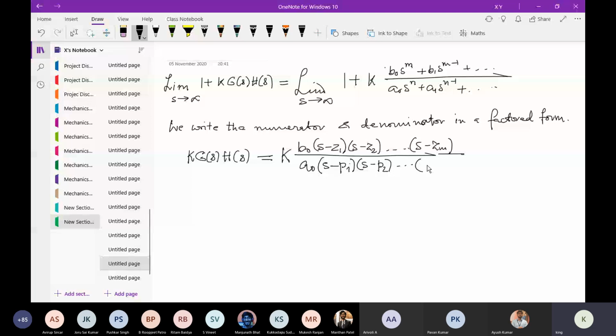And this we can write as, it's just the polynomial expansion.